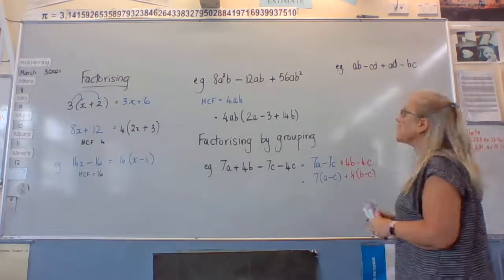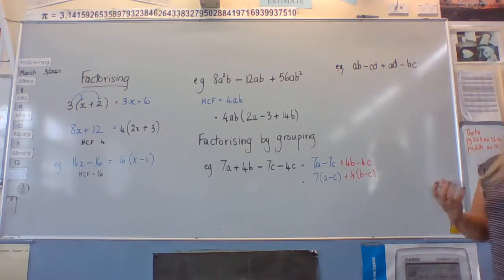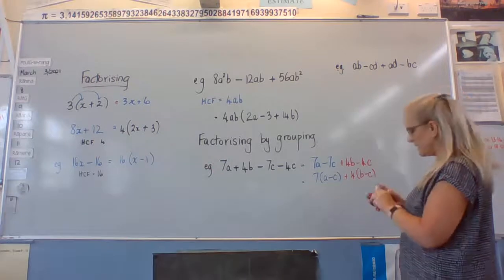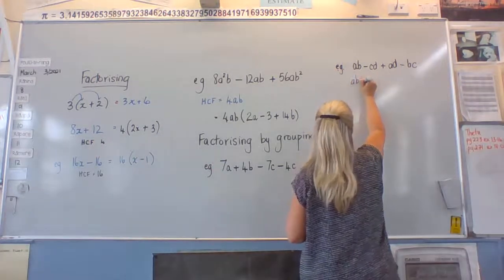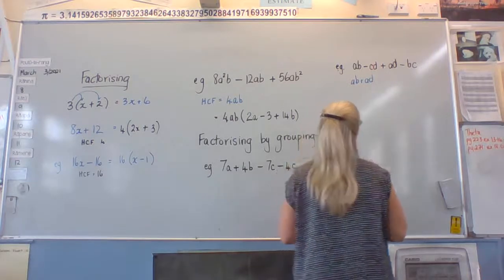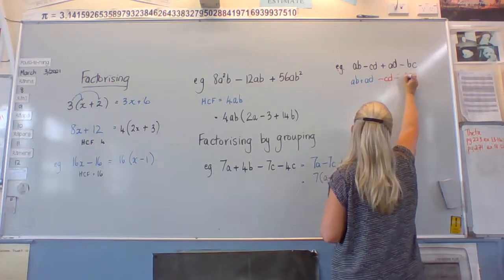All right, so we need to group something together. It doesn't actually matter what we pick. We've got a lot of choices here, but I'm going to do the A's and then the C's. So I'm going to put AB plus AD here, and then minus CD minus CB here.